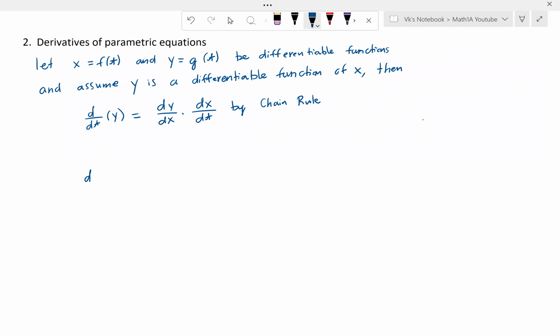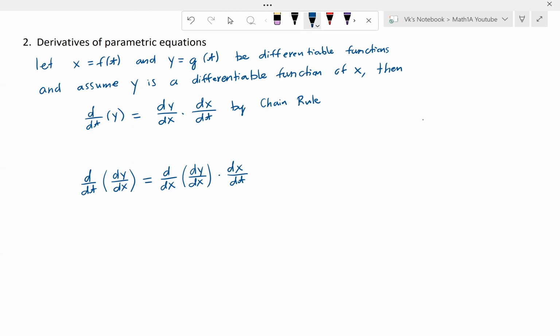And also the derivative with respect to t of dy over dx is the derivative with respect to x of dy over dx multiplied by dx over dt. Same thing by the chain rule.